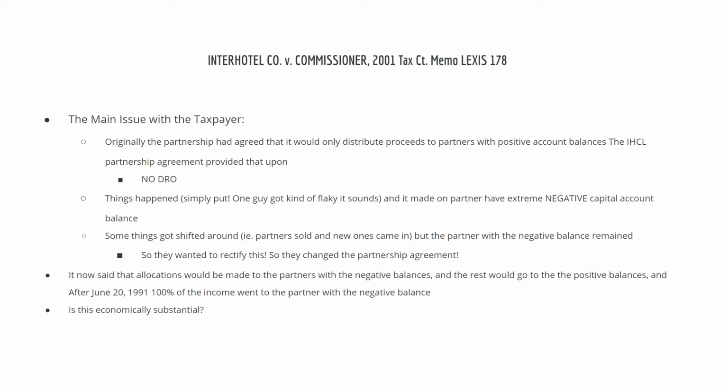So some things happened. One guy got a little flaky and sold to another guy, and just life happened, and it made one partner have an extremely negative account balance because he was starting to have to take some of the burden on when all these changes were happening.